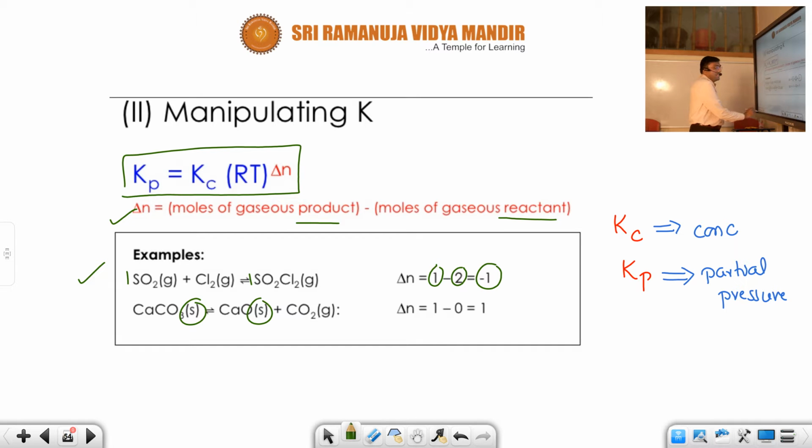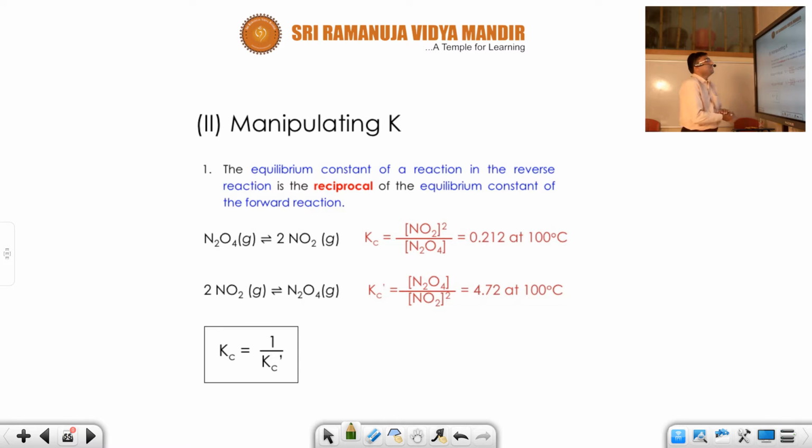And next, let us see manipulating K. The equilibrium constant of the reverse reaction is the reciprocal of the equilibrium constant. In our earlier session I also discussed this.